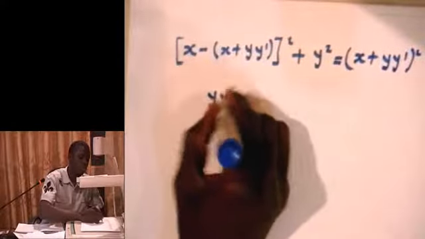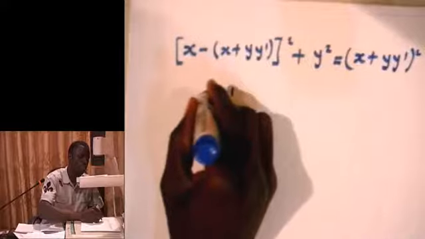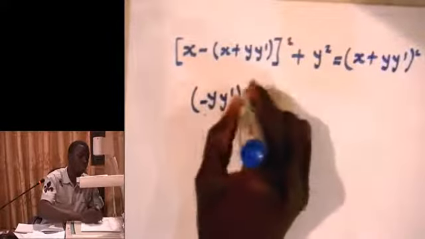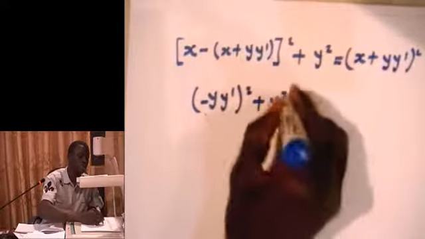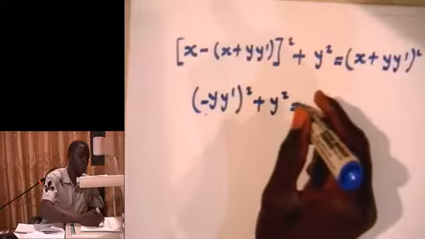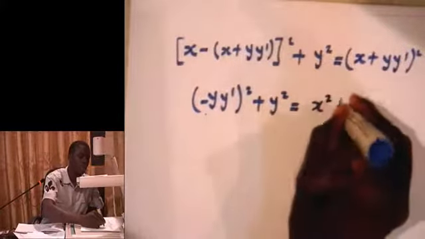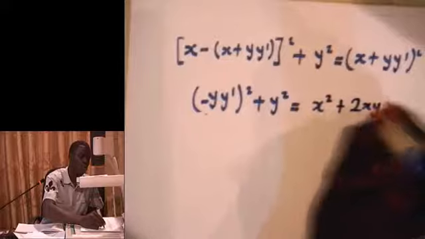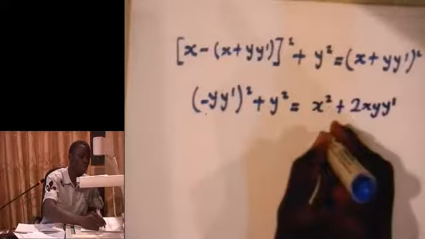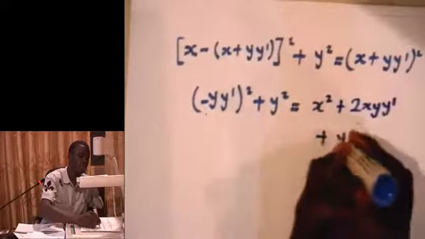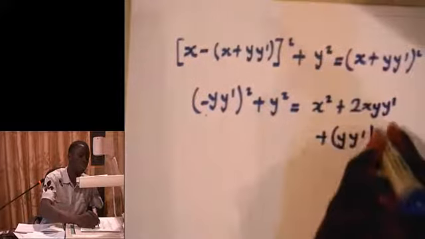We have (y y prime) squared plus y squared equals x squared plus 2x y y prime plus (y y prime) squared.